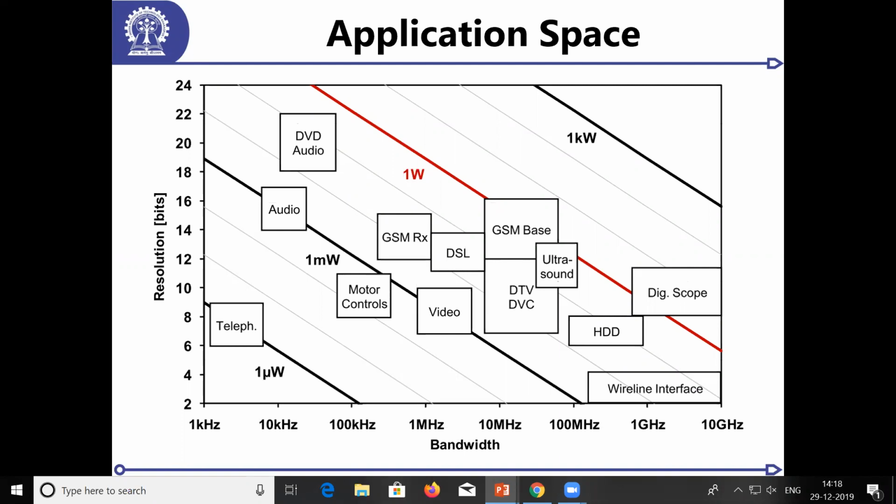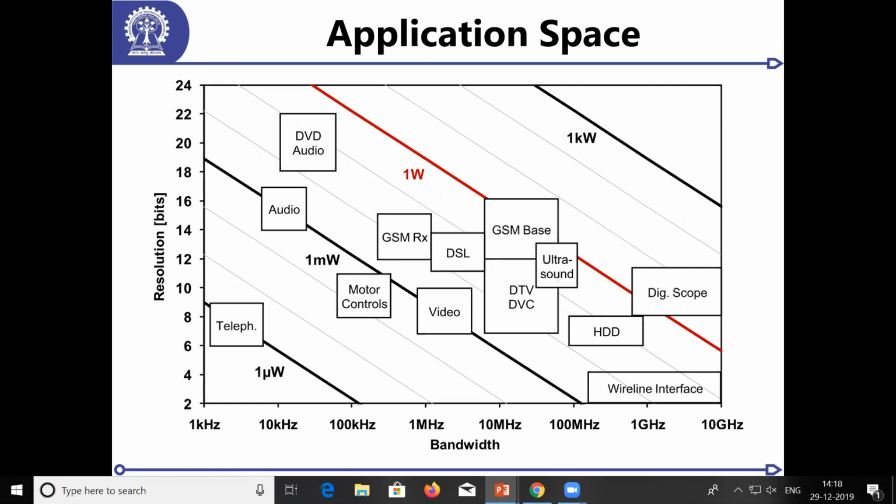Motor controls, like all DC motor controls in trains, cars, electric cars, and audio use very low sample rate, but very high resolution. But here we get a 16-bit accurate system with just a 1-bit ADC. These are all for DSL modems, high speed over copper, then GSM transmitters, old days phones. Today's phones also use GSM.